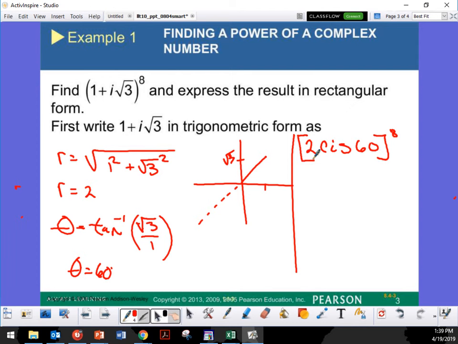16. No, it's not 32, it is 128? Yeah, I think it's 128. So I'm going to get 128, and that's going to be CIS of 8 times 60. Wait.